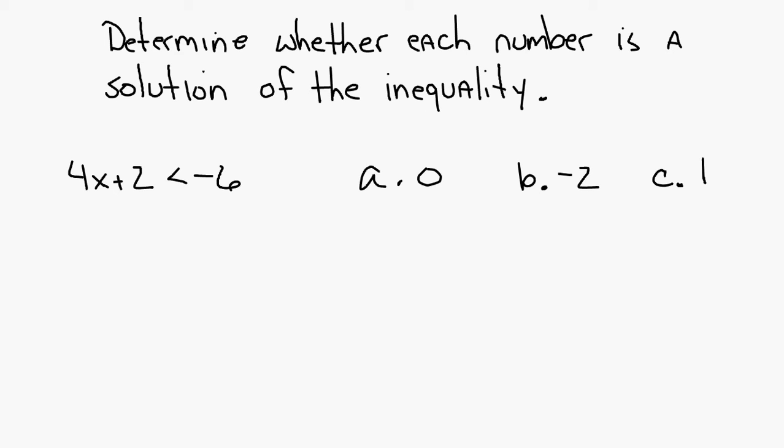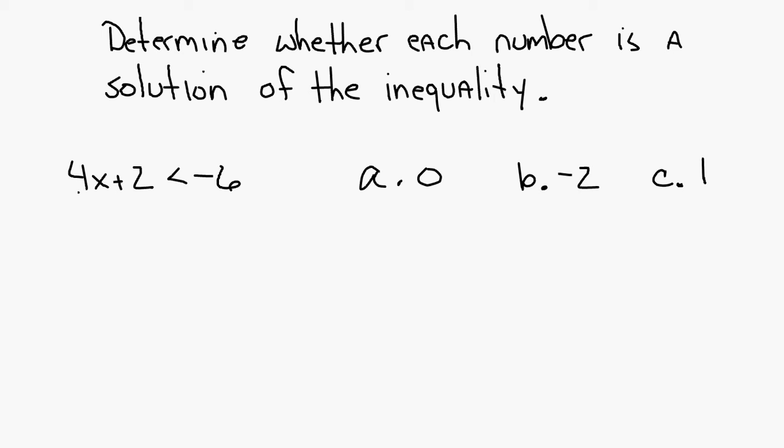So you can either substitute each of these values individually into the inequality to determine if they're solutions, or you can solve the inequality. Okay? So today we're going to substitute.